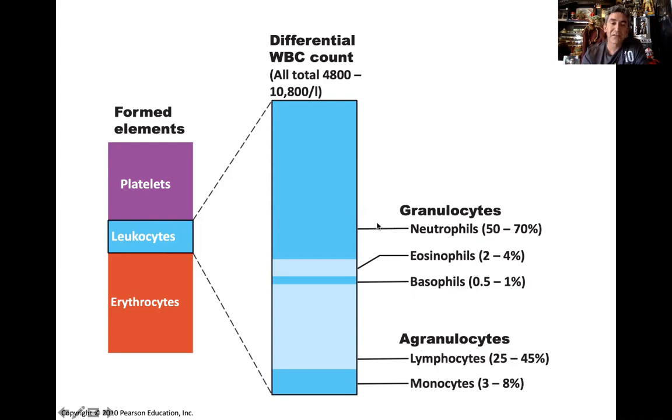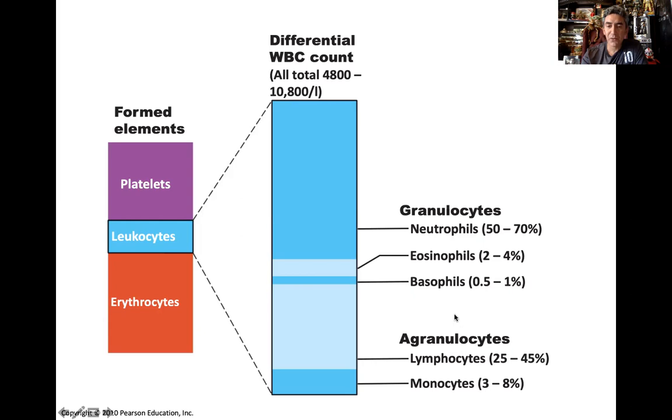So we're going to define these leukocyte categories. There's going to be 5 different types of leukocytes, right? So for the erythrocytes, there was only 1. For leukocytes, there's going to be 5. And they're going to be divided into 2 categories, something we're going to call granulocytes and agranulocytes.